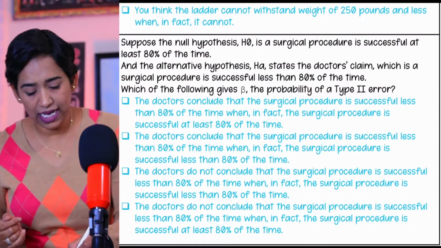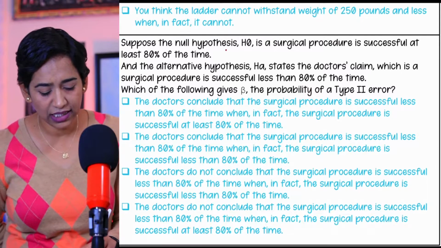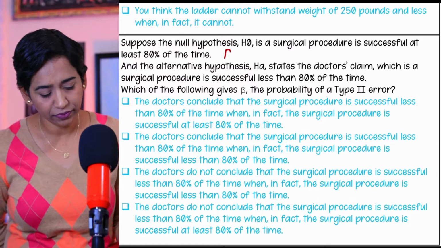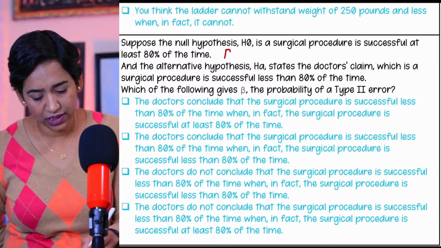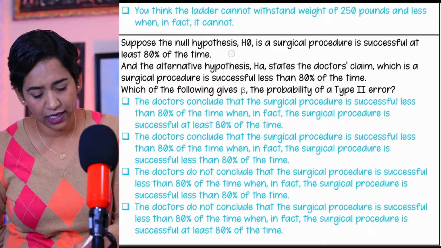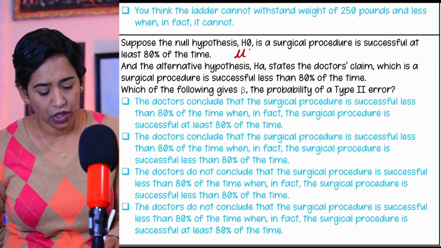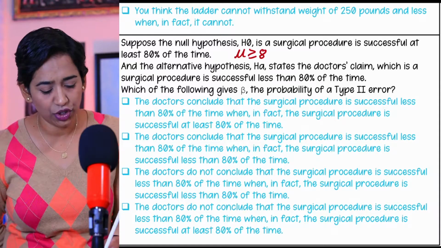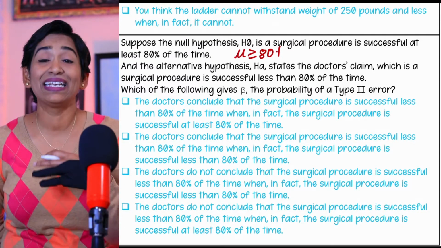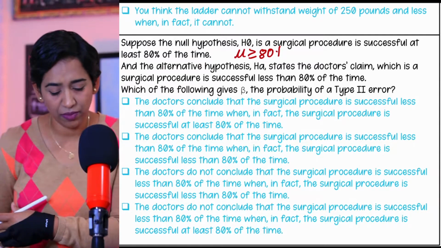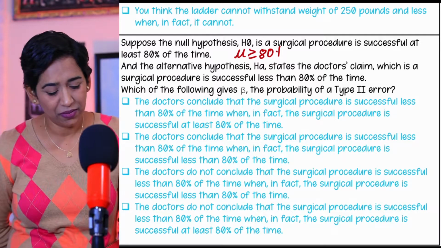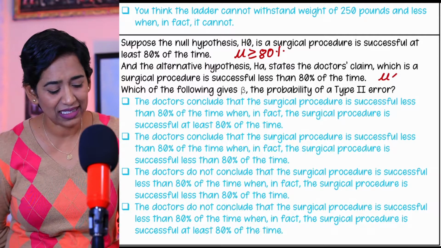Remember what he's saying here. My null hypothesis says at least. How do I represent surgical procedure? I'm just going to say mu greater than or equal to 80%. So at least 80% of the time. But the doctor claims that it is less than 80%.